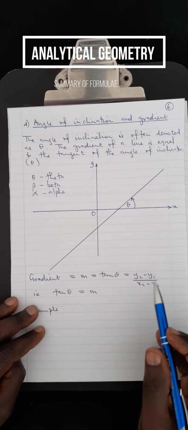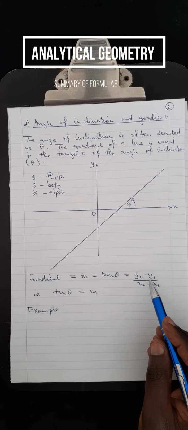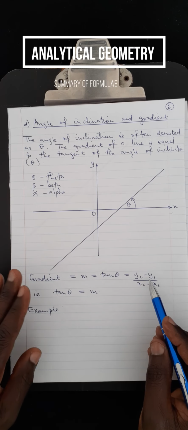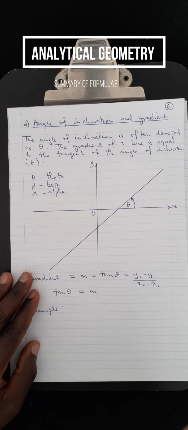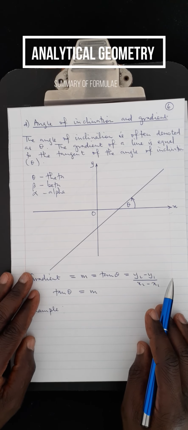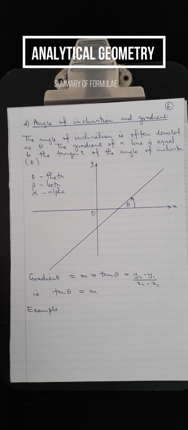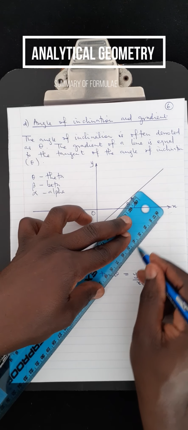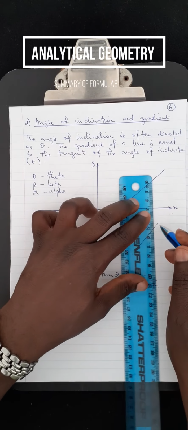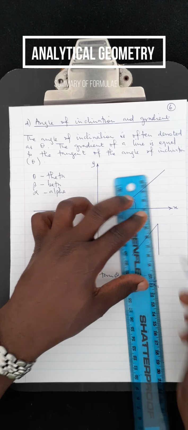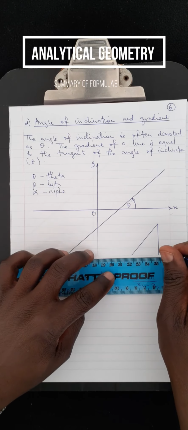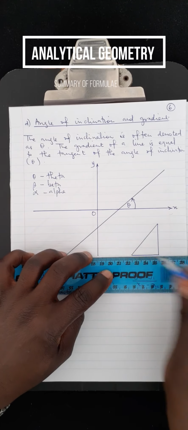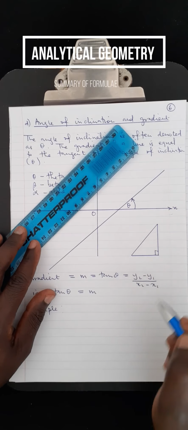A tangent is basically a ratio, a comparison of two sides of a right angle triangle. We all know that we have a right angle triangle here.